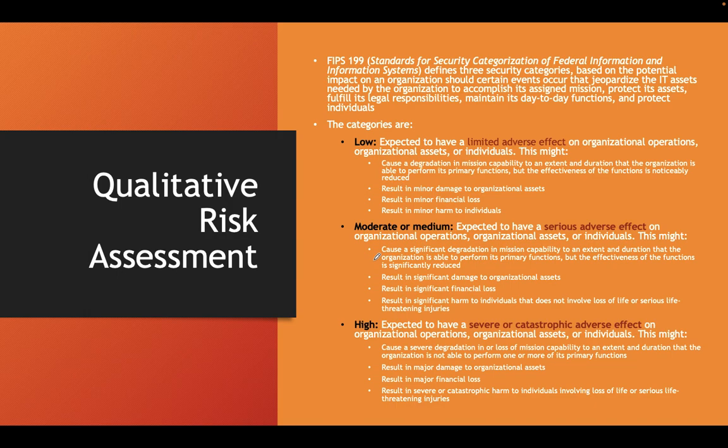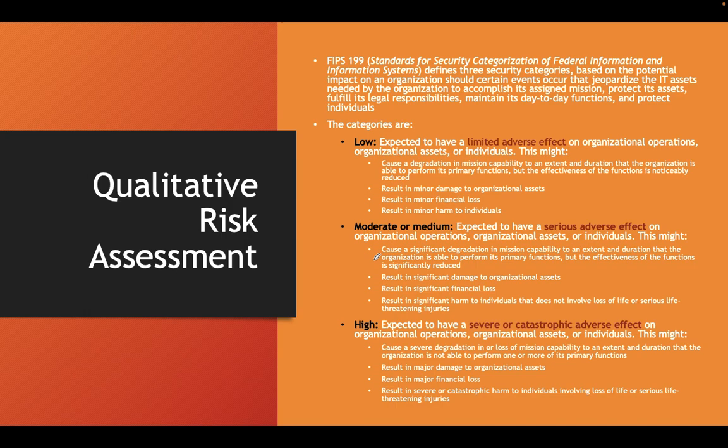And this might cause a significant degradation in the mission capability, and this results in significant damage to the organization's asset, and this might also result in significant financial loss, and this might result in significant harm to the individual that does not involve loss of life or serious life-threatening injuries.